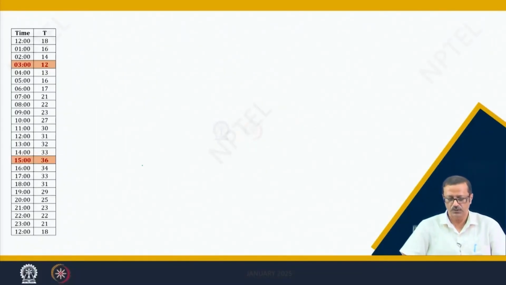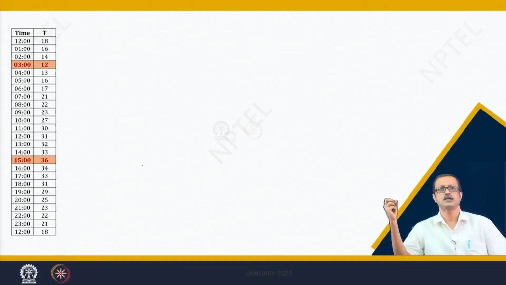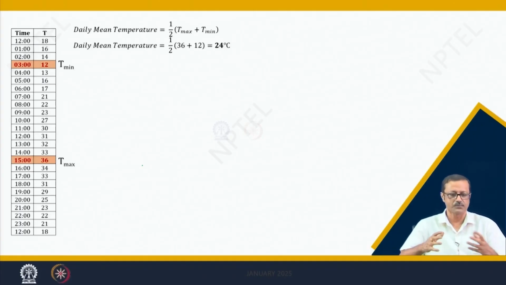Now, we can further simplify this by picking up the minimum and maximum temperature of the day, that is, T minimum and T maximum. T minimum is 12 degrees and T maximum is 36 degrees.